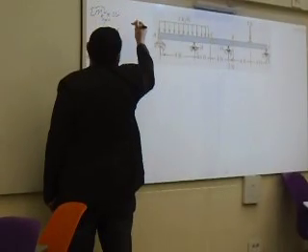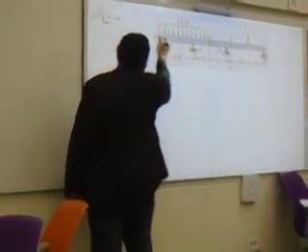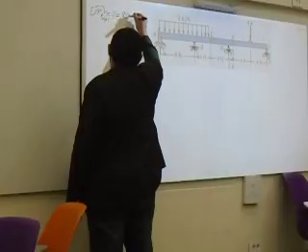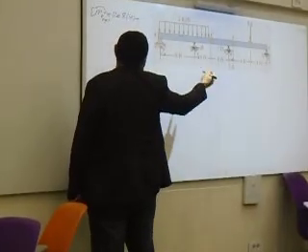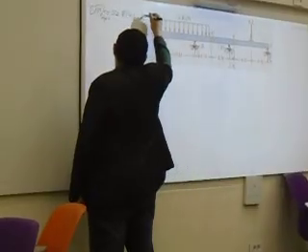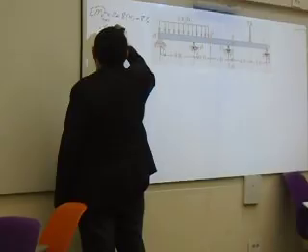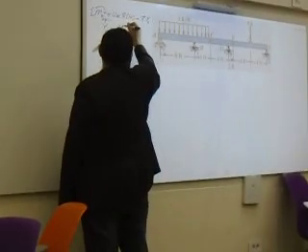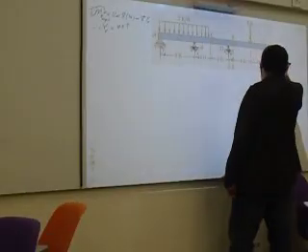Equals 0. Equals 8 times 4 minus the distance 8 feet times YF. Therefore, YF is equal to 4 kips up. So this came to be 4 kips.